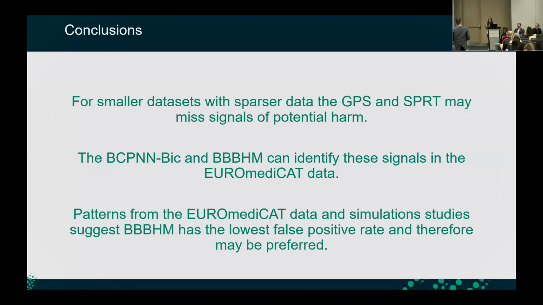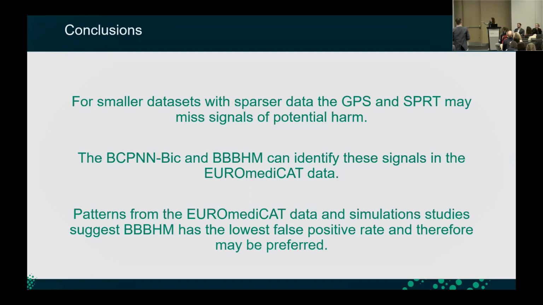And it's quite intuitive, because what you're essentially saying is if a signal was on the borderline of being identified, but wouldn't have met the criteria for BCPNN, but it's behaving in the same way as a medication that's causing known adverse reactions, so it's behaving in a similar way as harmful medication, we can consider that as actually maybe that is something we'd want to look at. So that's the added benefit.